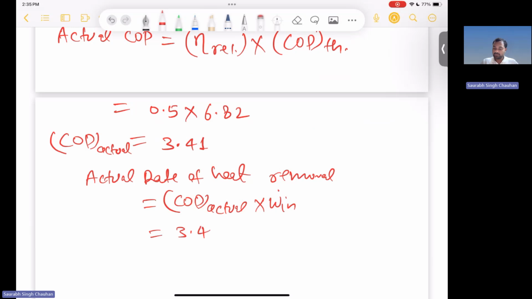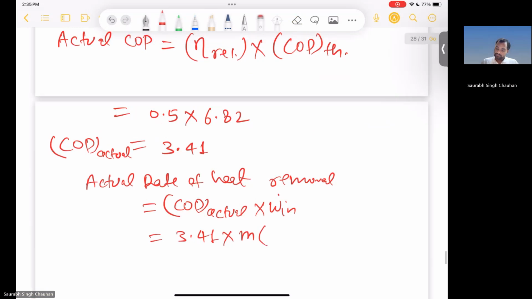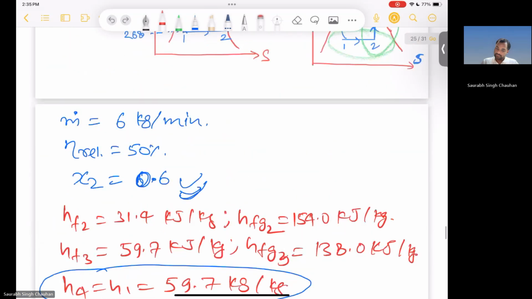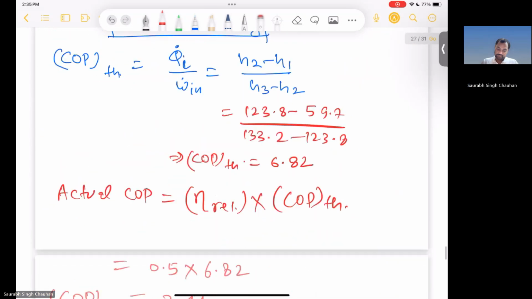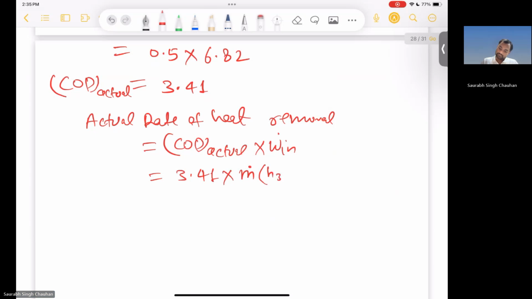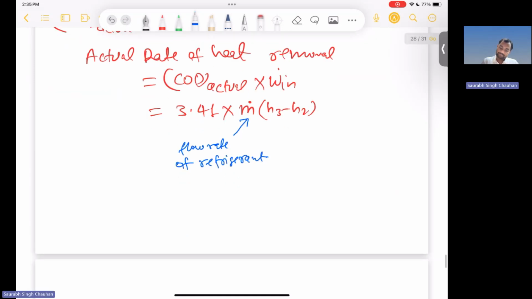Actual COP is 3.41, and the power input is M times H3 minus H2. So this M is basically the flow rate of refrigerant. Okay, and what will the actual rate of heat removal be?